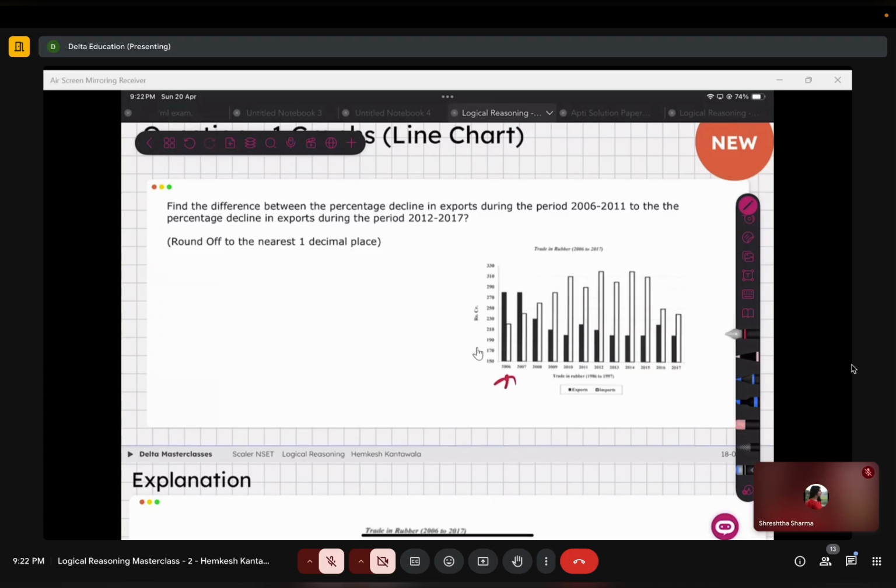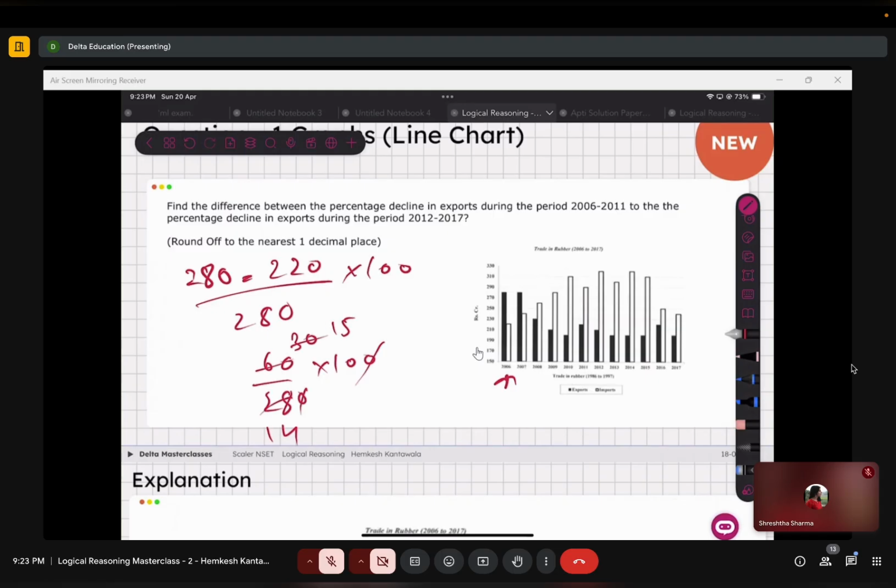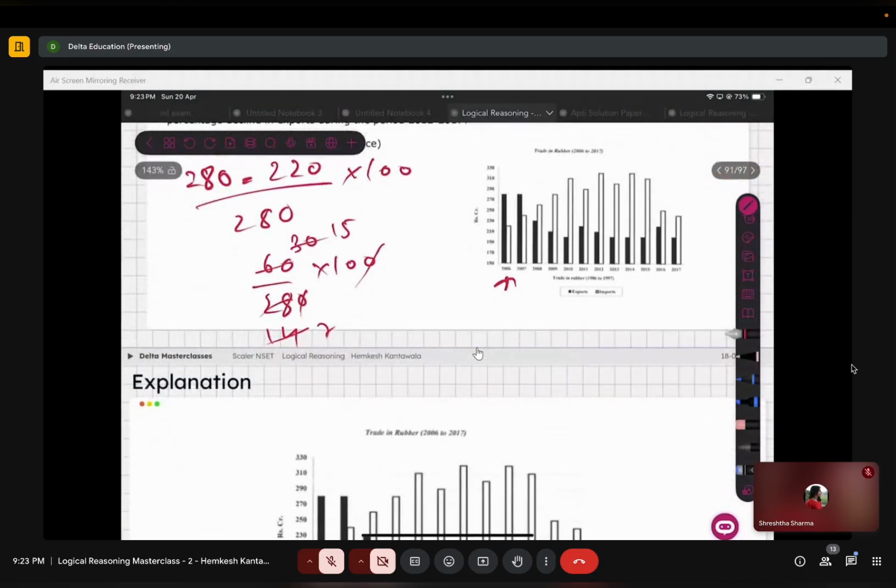In 2006, the export is 280. In 2011, the export is 220. So the percentage decline would be 60 upon 280 times 100, which simplifies to 30 upon 14, that is 15 upon 7. Let's do 15 by 7 very quickly, which is 2.142.